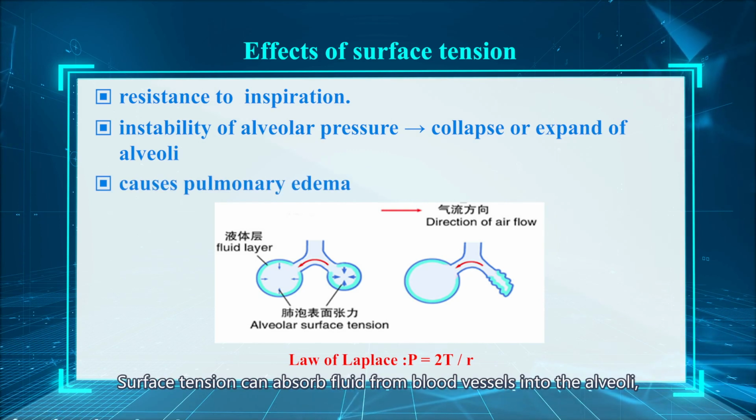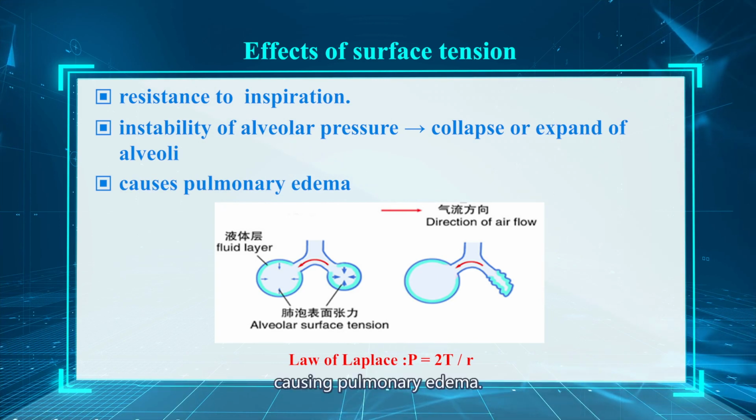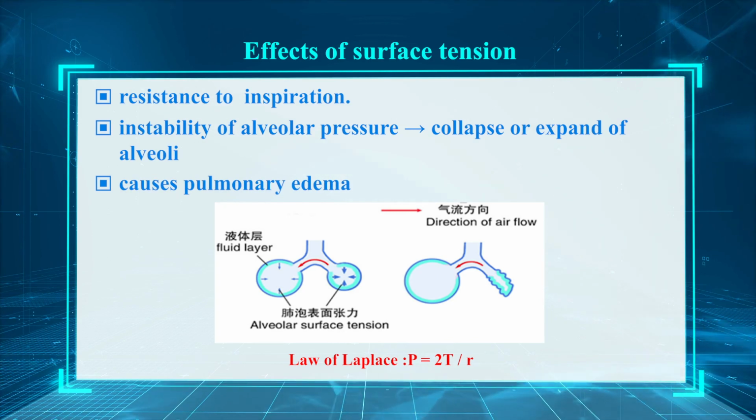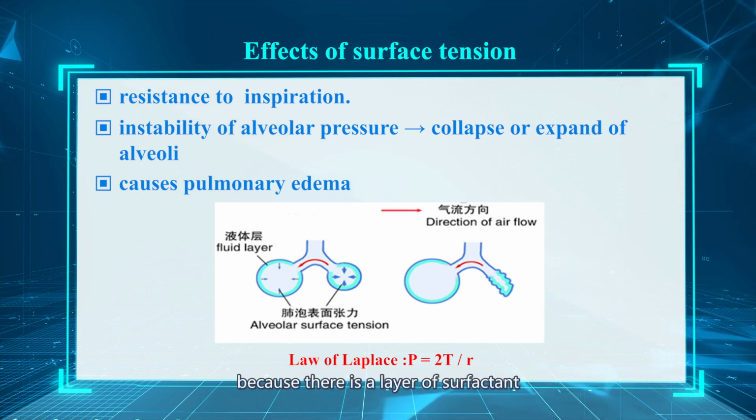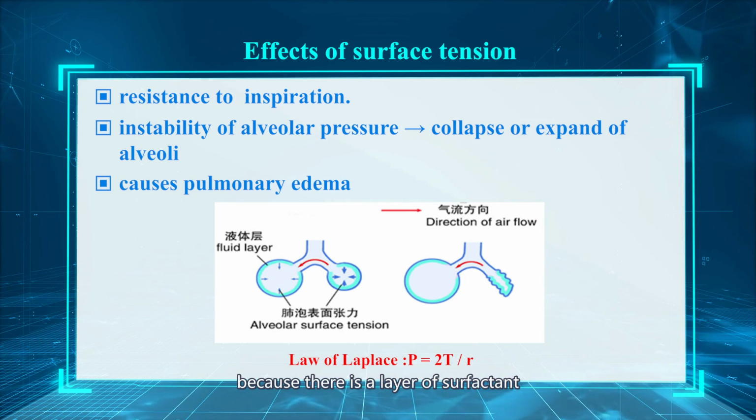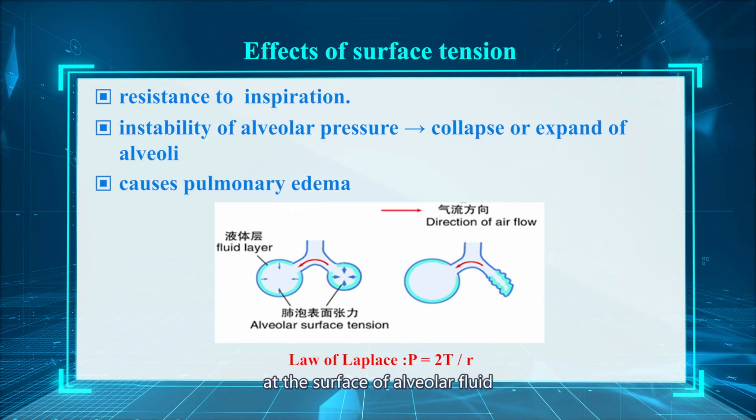Surface tension can absorb fluid from blood vessels into the alveoli, causing pulmonary edema. This can't occur in a normal person because there's a layer of surfactants at the surface of alveolar fluid.